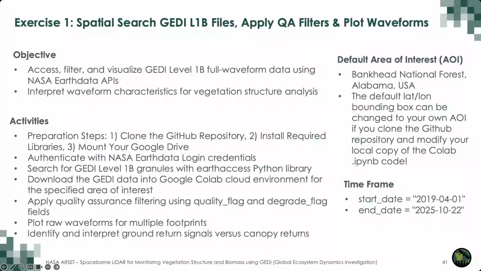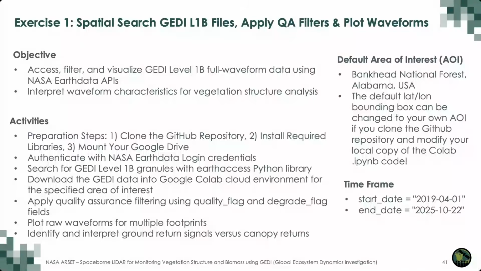The default latitude and longitude bounding box can be changed to your own area of interest if you clone the GitHub repository and modify your local copy of the Google Colab notebook. So for this demo, we will be using the default AOI, but I encourage you all to modify it to your own area of interest, either now or in the future with the code.